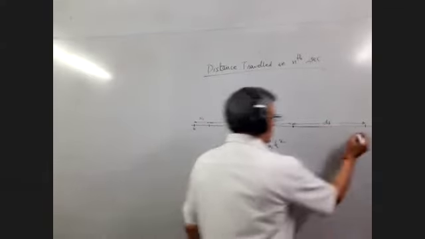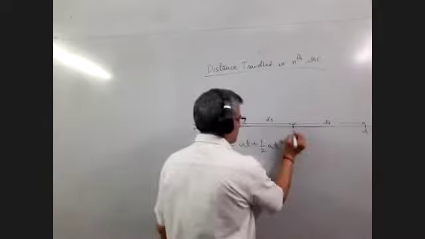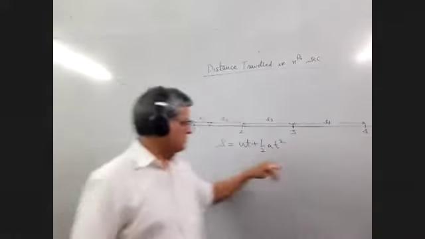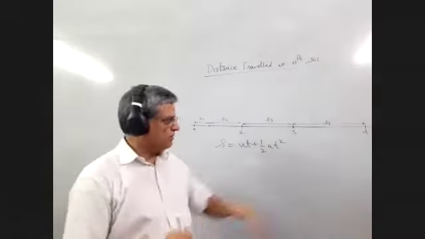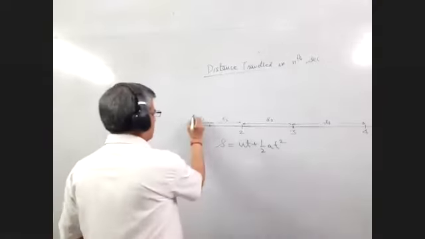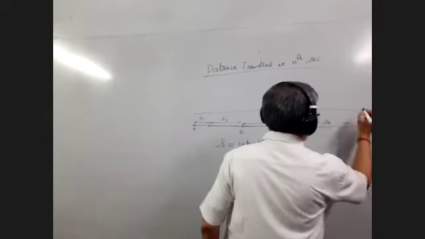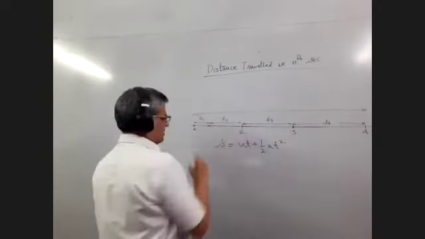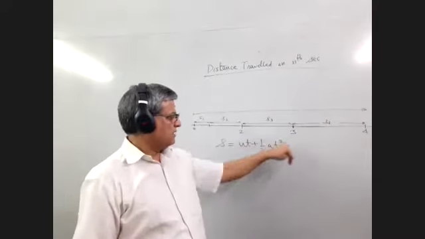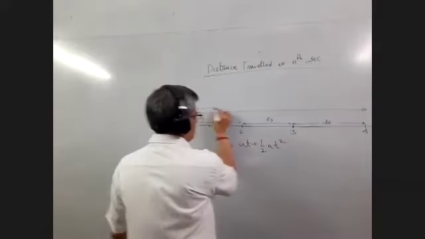So we have to put the value of t as 4 first. When we put the value of t equal to 4, the distance we find will be this distance, and then we put the value t equal to 3 here, and then we find the distance is this much.